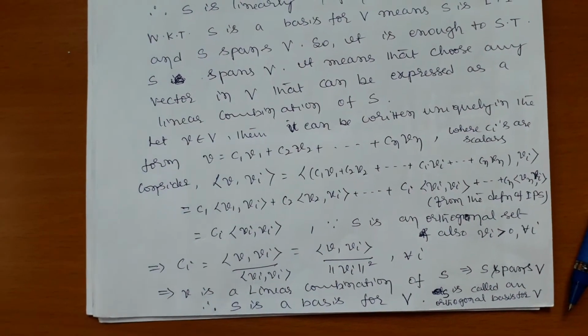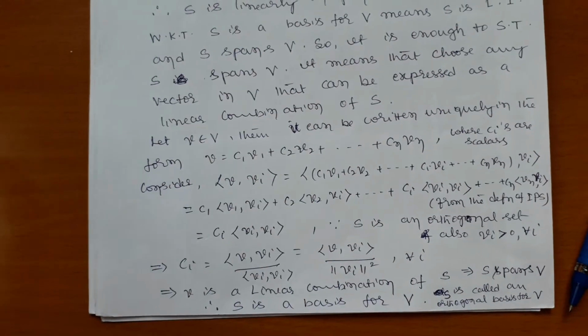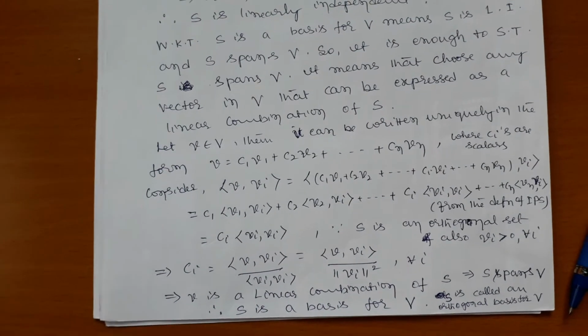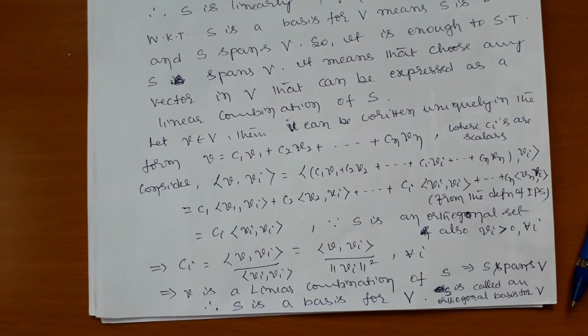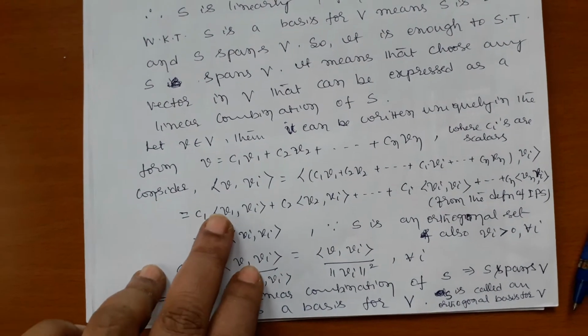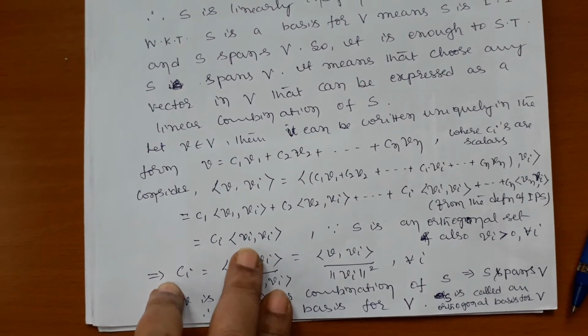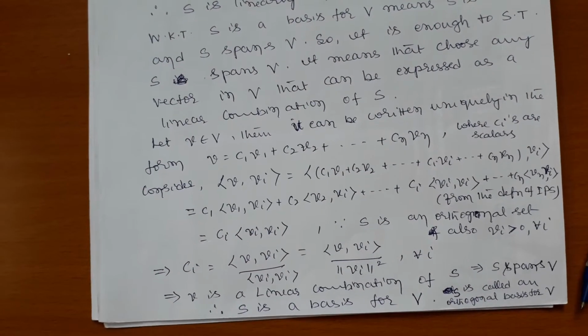S is an orthogonal set, meaning the mutual inner product value must be 0, that is, the inner product of v1 comma v2, v2 comma v3, and so on is 0, except vi comma vi. Therefore, what remains is ci into vi comma vi.